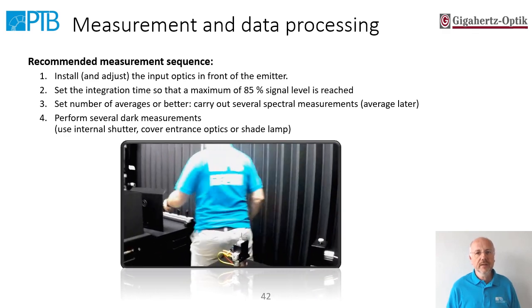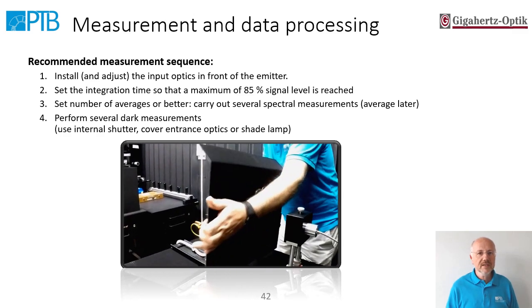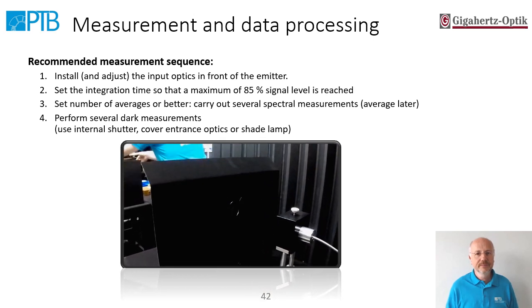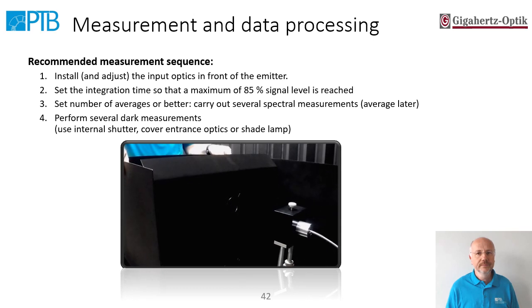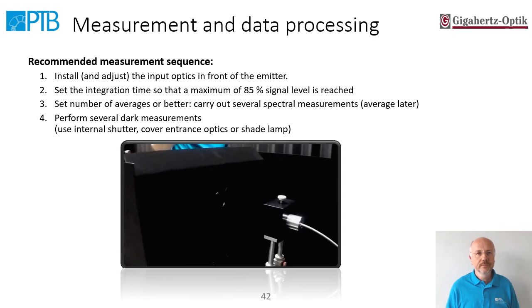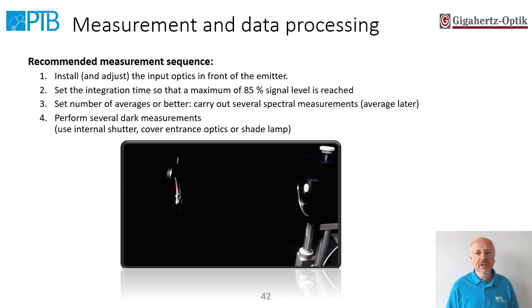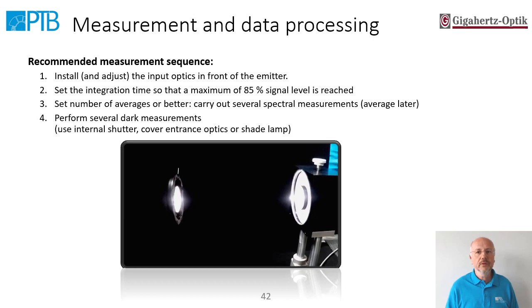To make sure that the possible external stray light is reduced, black walls and apertures are mounted. After switching on and warming up the lamp, the appropriate integration time is set and several measurements are performed.